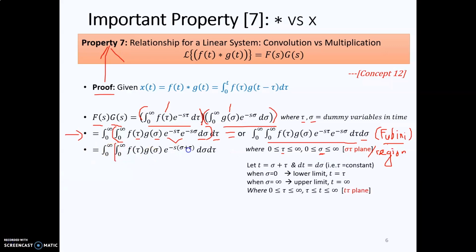Let's look at this term. When we let t equal sigma plus tau, you can let d sigma equal dt when tau is constant. When you take the differentiation at both sides, you obtain dt equal to d sigma, where d tau equals 0. Then we can change these two terms to t.